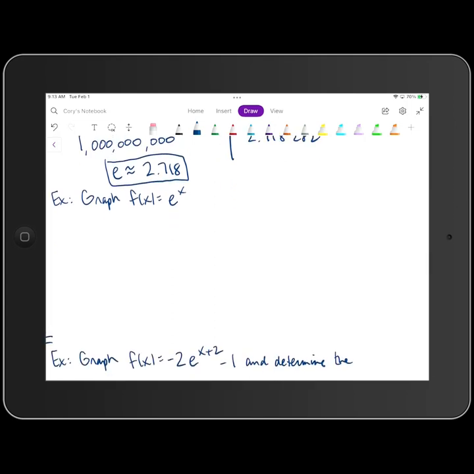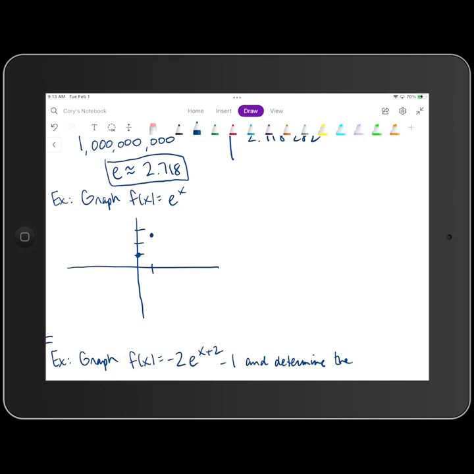Okay, so let's do a quick graph of the function f of x equal to e raised to the x power. Okay, so we said that, again, anytime we graph an exponential function, the 2 points on the graph of the exponential function are 0, 1, and then 1 comma the base, which is e. So we're going to say, like, for graphing purposes, e is going to be like 2.7.